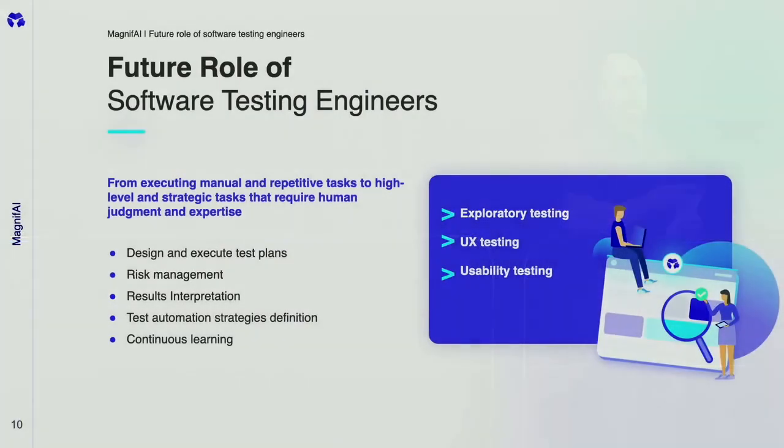Okay, so what is going to happen with us? What is the future role of software test engineers? Well, the main thing, I think, is that we will be moving from executing manual and repetitive tasks and investing a huge amount of time on such things, to more high-level and strategic tasks that really require not necessarily human intelligence, but human judgment and expertise.